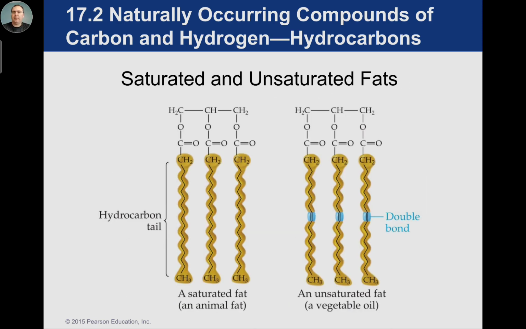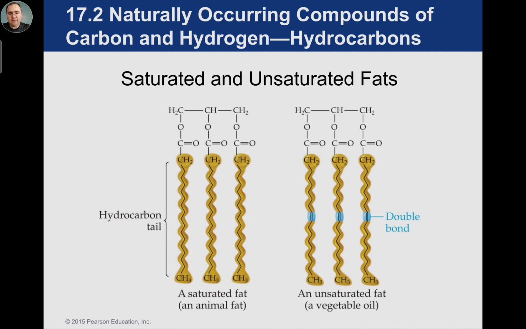One of the most common sources for saturated and unsaturated ideas or definitions are from fats, and we'll learn about this more in our lipids portion of our next chapter. But notice the major difference here is your fat that is saturated. So this would be like your Crisco's, your lards, your butters, those fats around steak and so forth.